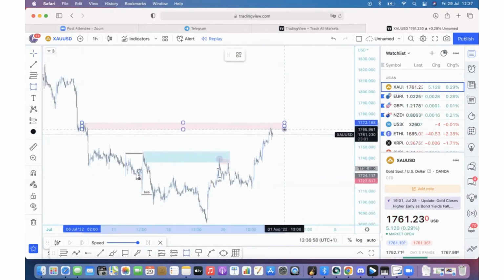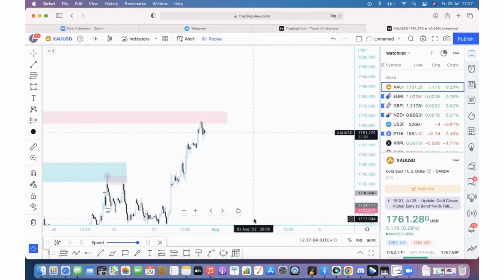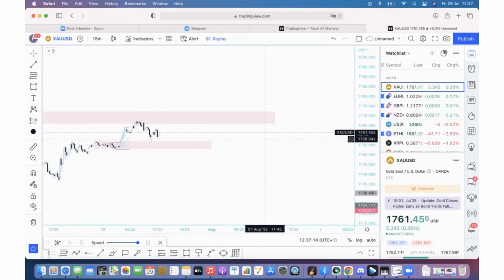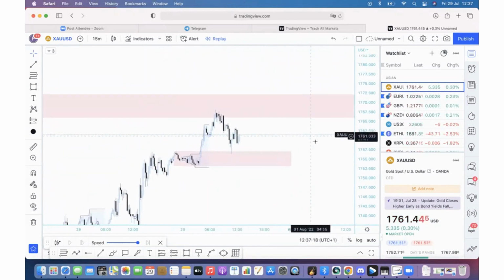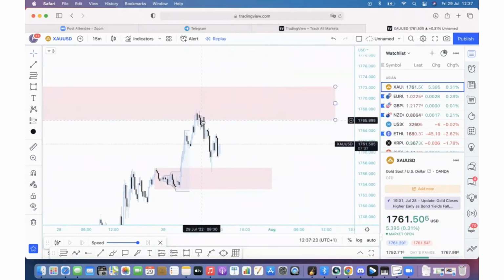We reached this supply, but keep in mind that reaching supply doesn't mean anything unless we have a very strong confirmation. Here, what we have is just breaks of structure and retracements. I either have a clear structure or this. How can I enter sells when I see this?